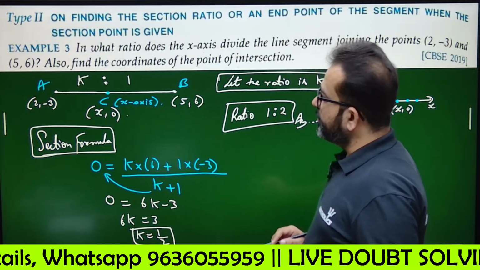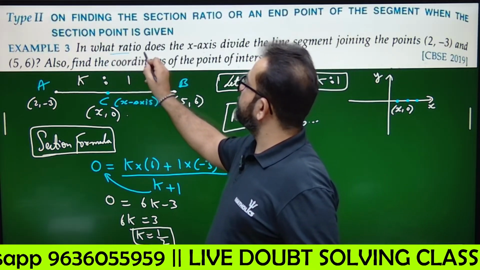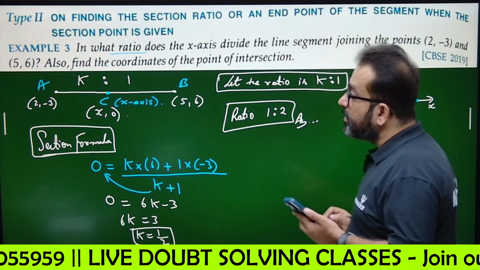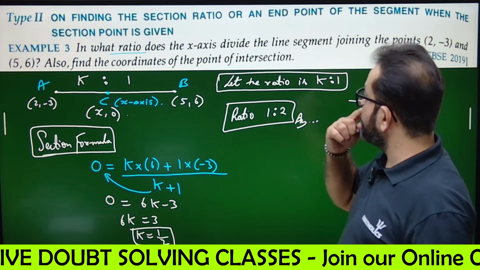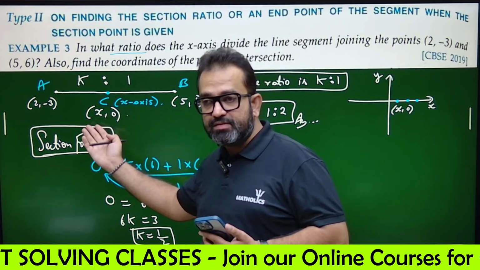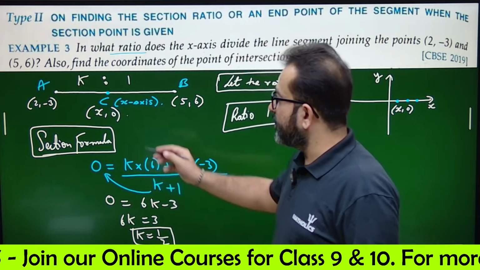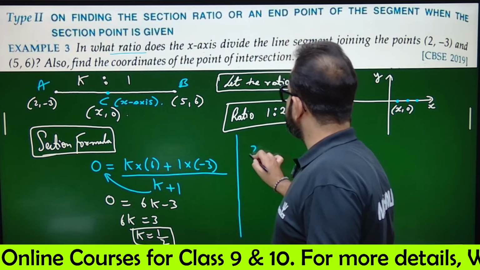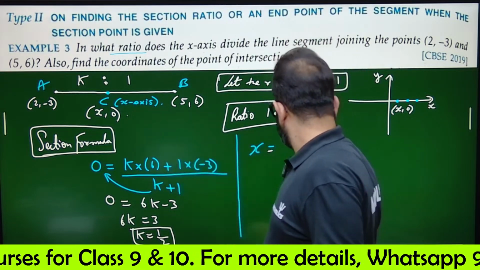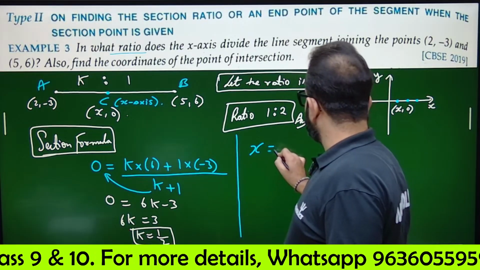Now, the first thing is done: in what ratio? We have found the ratio. Now also find the coordinates of the point. That means I have to find the value of x. That is how I'm going to find the coordinates of C. So for x, again the section formula. x equals what?